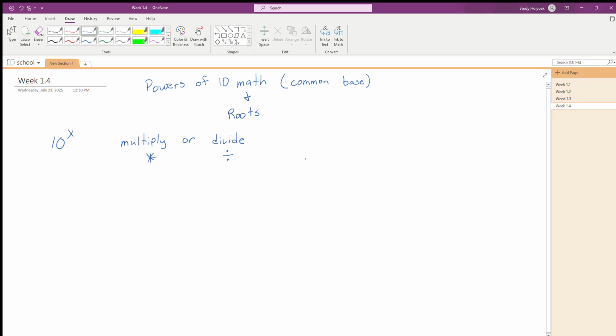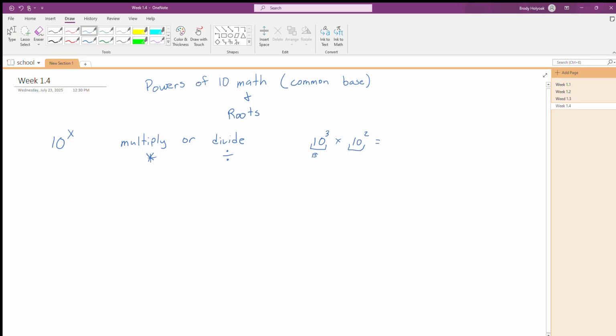The way we do that is we look at our numbers. So if we have 10 to the third times 10 to the second, I need to be able to solve what that is. Now again, when we're dealing with powers of 10, we're assuming that we all have the same base, 10. But this works for any combination where you have the same base.